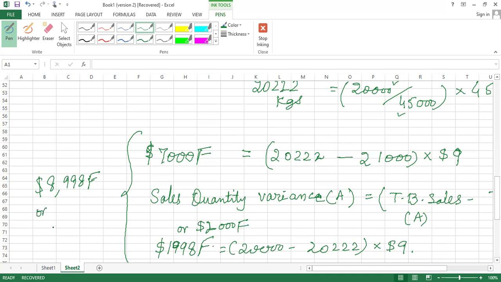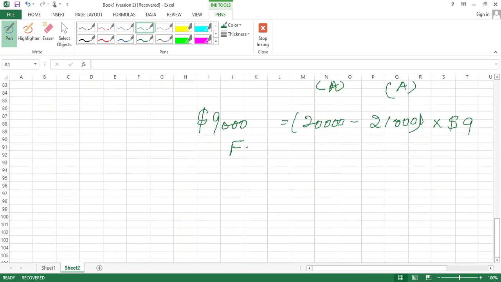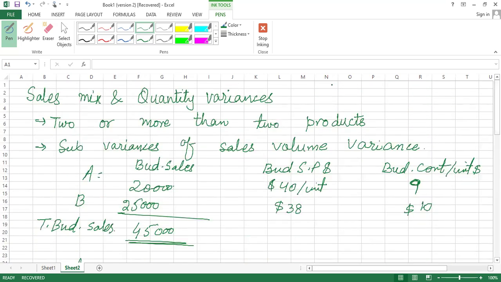So it means what? We can alternatively say it is $9,000 favorable. So sum of sales mix and quantity variance is what? Is equal to sales volume variance. Just like material usage variance, we proved that either we were solving or we are solving correct or incorrect. So we are done with sales mix and quantity variance.